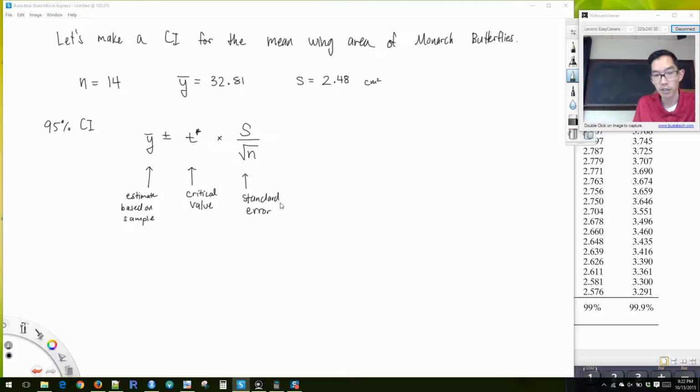So essentially, it's our estimate of the standard deviation of the sampling distribution.